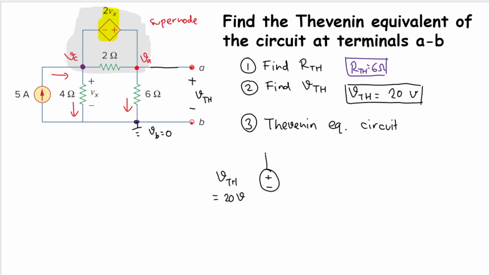And then that will be in series with a resistor here. So we'll have that as RTH, which is 6 ohm. And then that will be our terminal here. This is terminal A and this is terminal B. And therefore this is the Thevenin equivalent of the circuit.